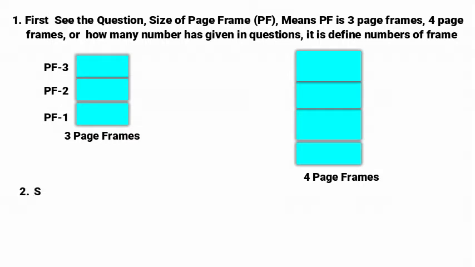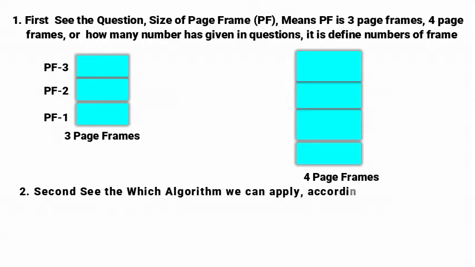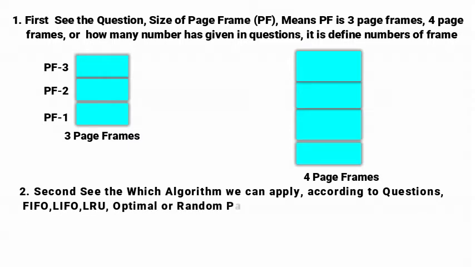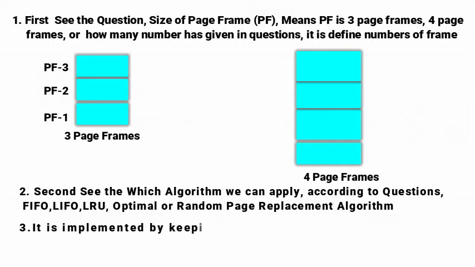Then second logic: see which algorithm we can apply according to the question. It may be FIFO, LIFO, LRU, optimal or random page replacement algorithm. Any one is given in your question. Third, for FIFO it is implemented by keeping track of all the pages in a queue.